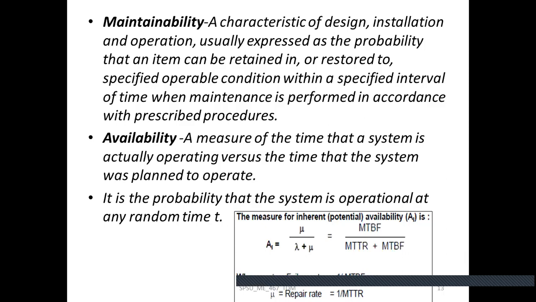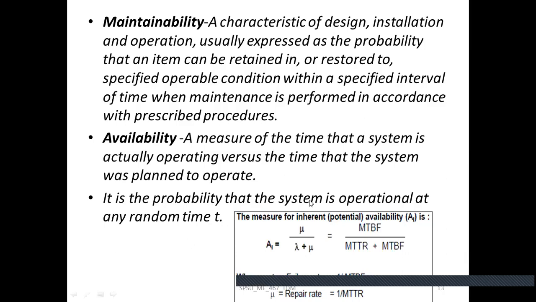Second definition is the availability, a measure of the time that a system is actually operating versus the time that the system was planned to operate. So it is the probability that the system is operational at the random time t.